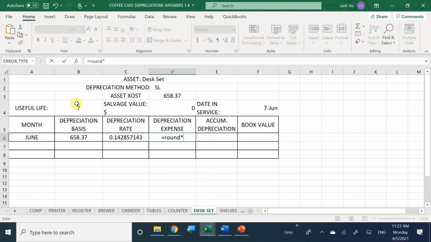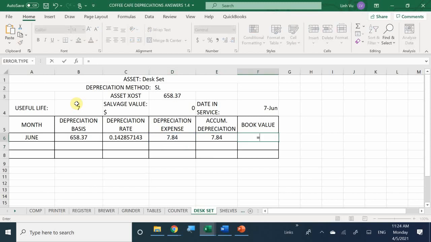So what is going to be your depreciation expense for the month of June? $7.84.